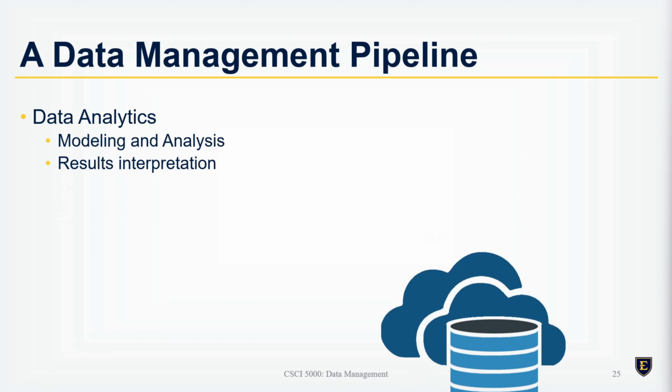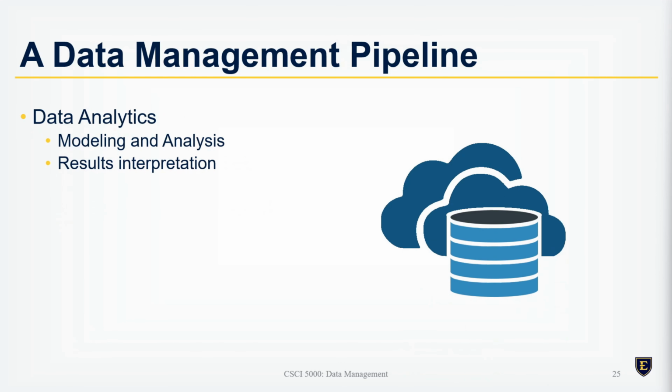When we start doing analysis, that is when we do the modeling and the predictive analysis, and then we do interpretation of results. All of these things can feed back into the data management part of the pipeline, and that process can continue over and over again.